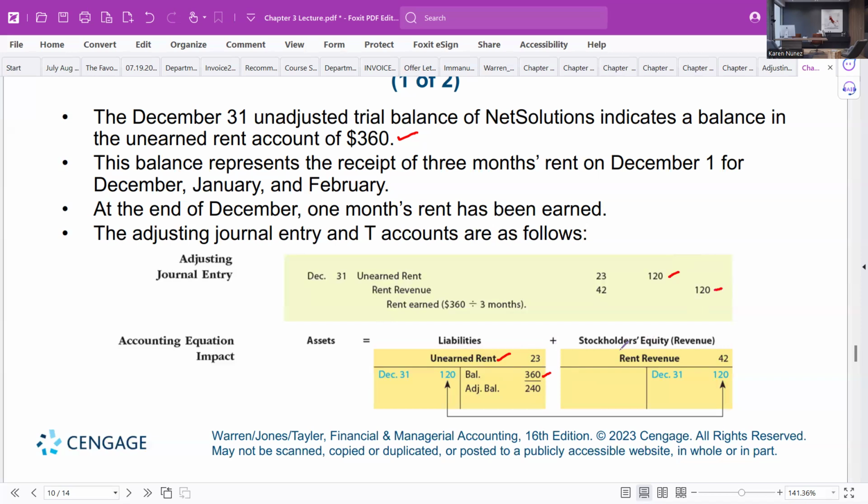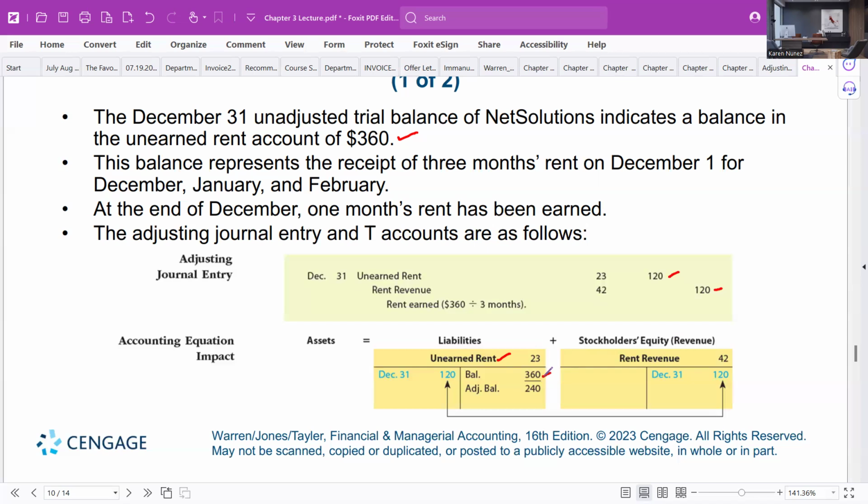All we're doing is we're moving $120 of rent, which represents 1 month, out of the liability account into the revenue account to bring these accounts up to date, to recognize and report that we've earned 1 month of rent. See, we received all the cash up front, the entire $360, but we haven't earned it.